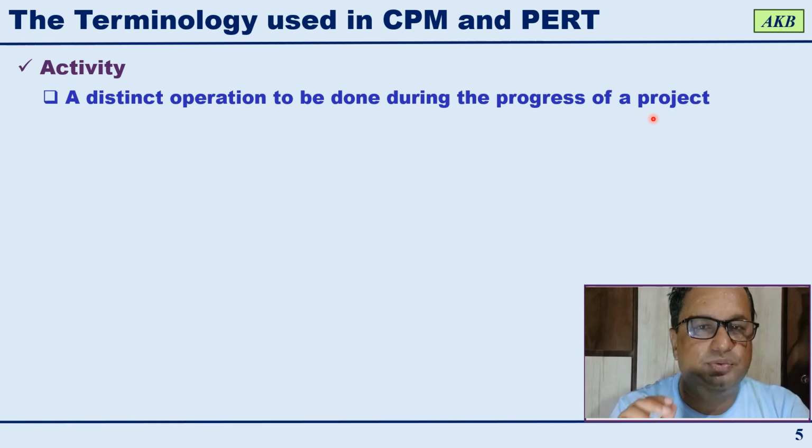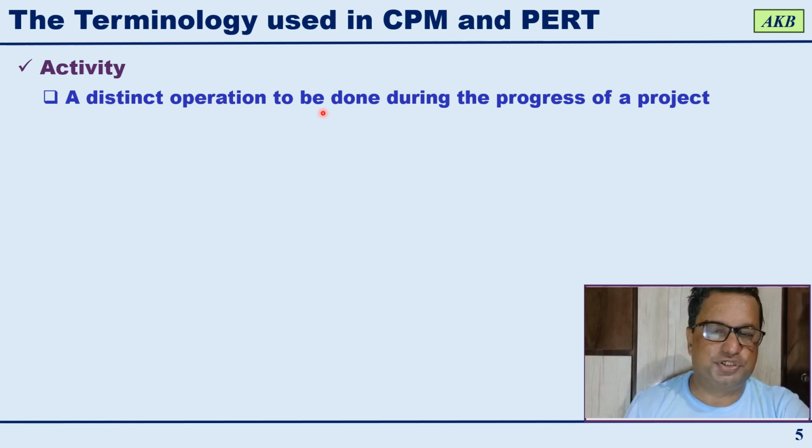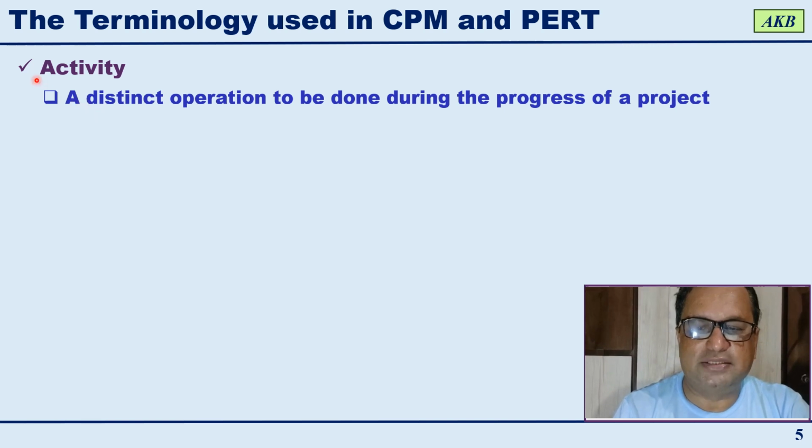Okay. So this is a distinct operation, an operation which you can define and which you can perform in a distinct way. That particular operation, you call it an activity.